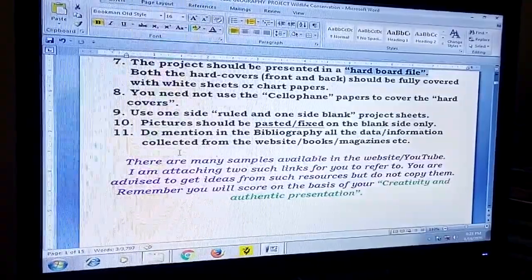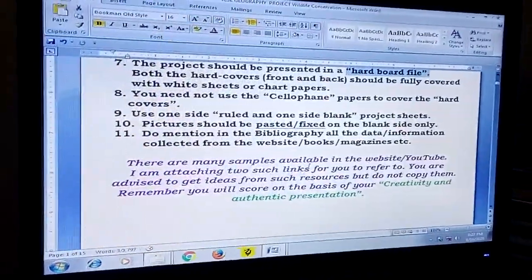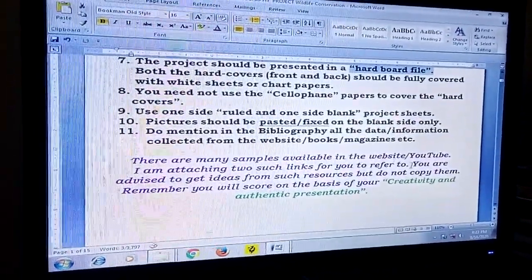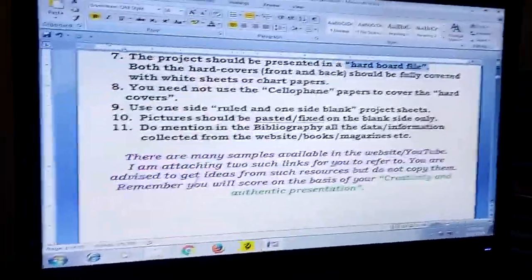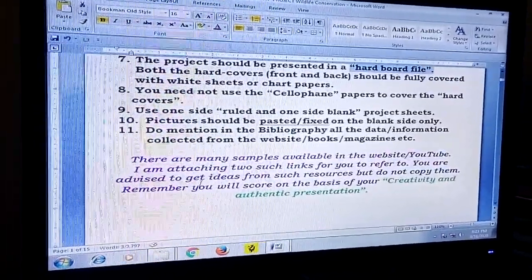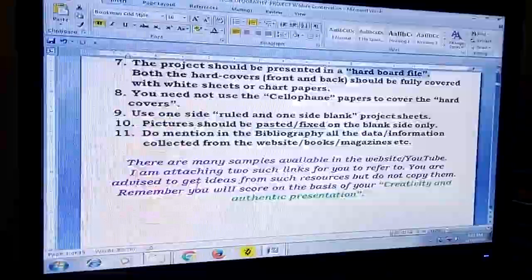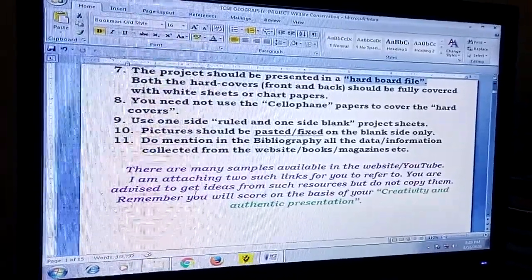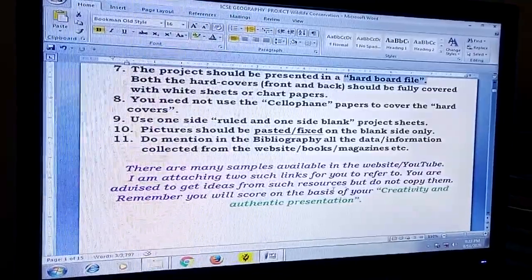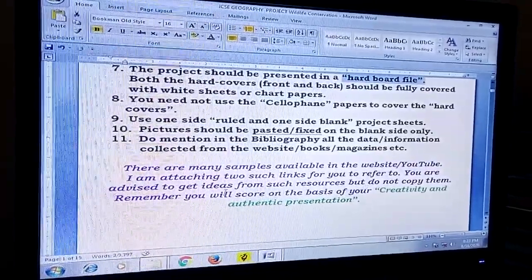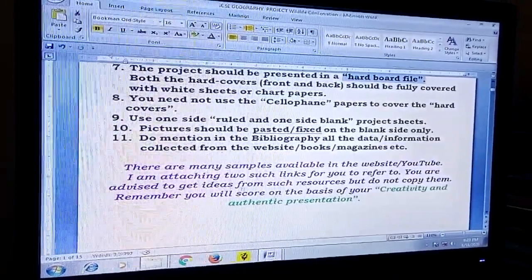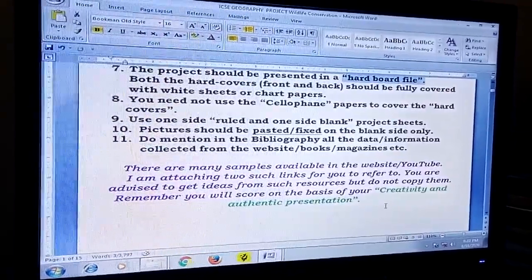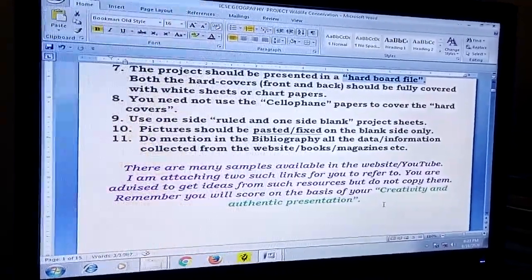Now there are many samples available on websites like YouTube, and when I sent you the message for the project, I also attached two such links. Remember this line: you are advised to get ideas from such resources, and there are plenty of them.